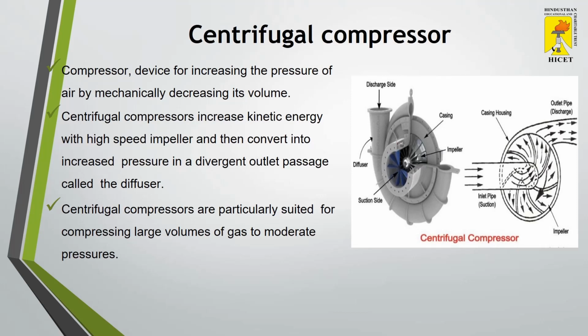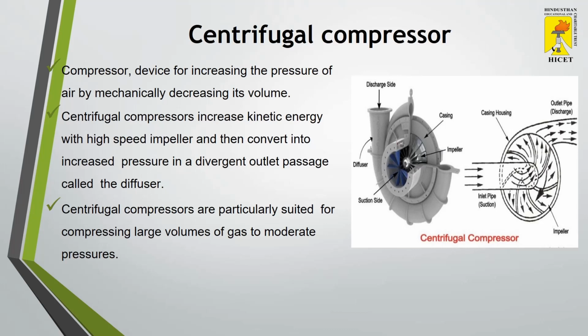The centrifugal compressor, on the other hand, has an impeller inside a casing to increase the kinetic energy, and it converts the kinetic energy of the working fluid to pressure using a volute casing or a divergent outlet passage called the diffuser.